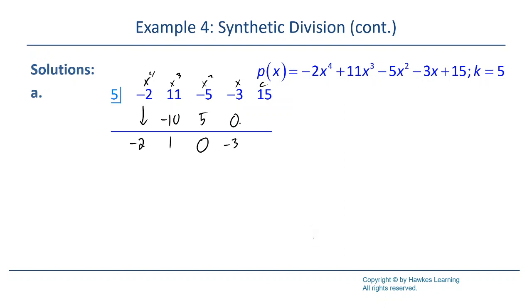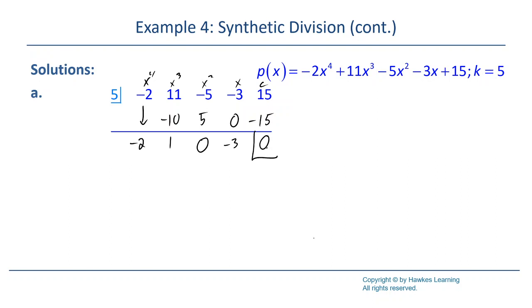5 times negative 3 is negative 15. And 15 minus 15 is 0. And one thing I typically do is I always put the last number in almost kind of like the reverse of where your tested root sits, to indicate that we're at the end of the problem and that this is the remainder.